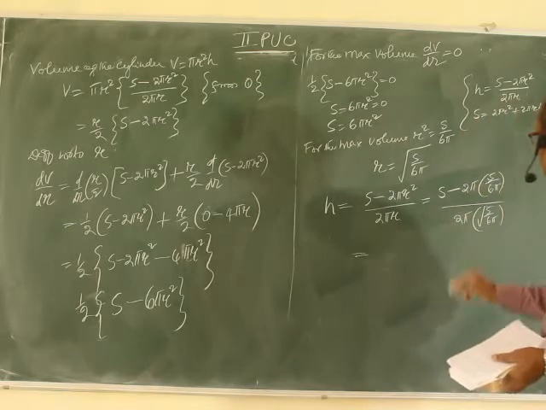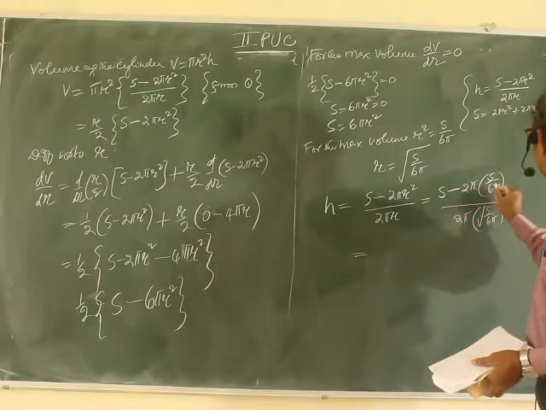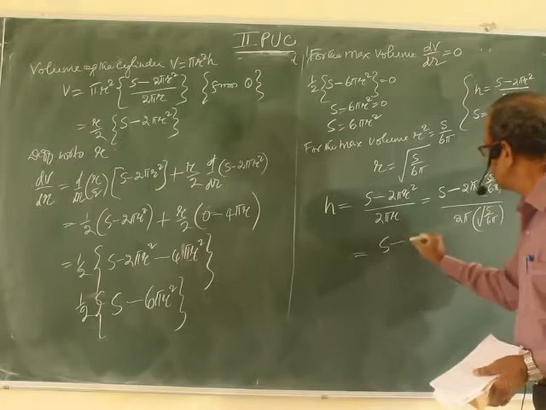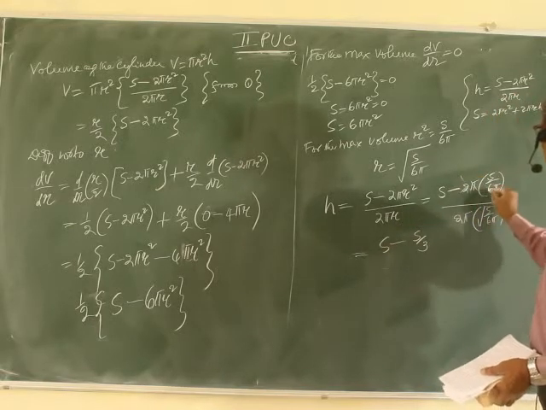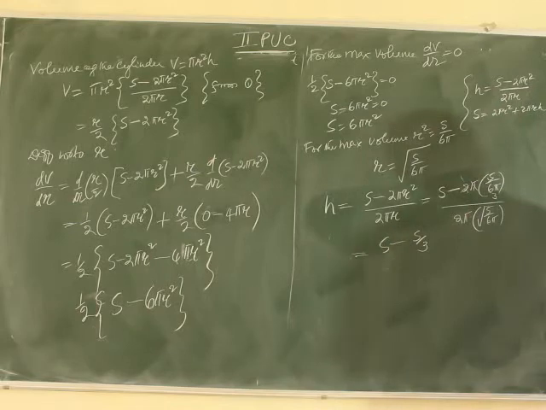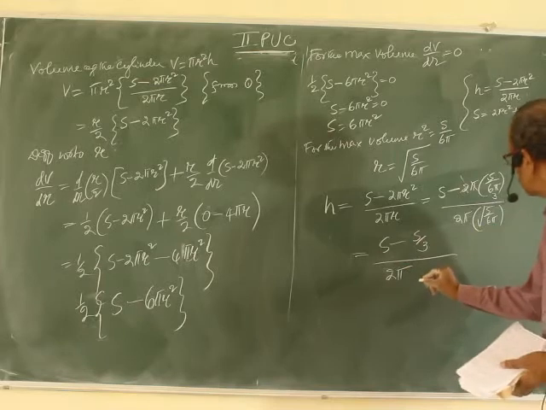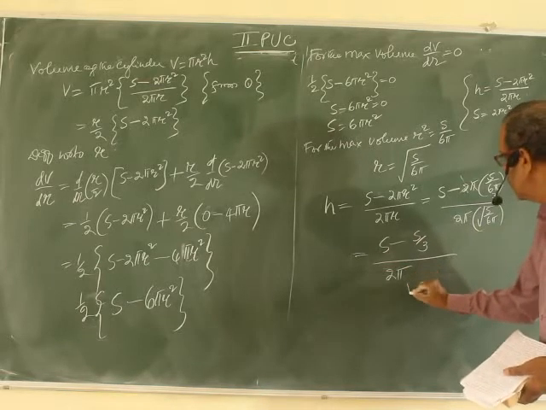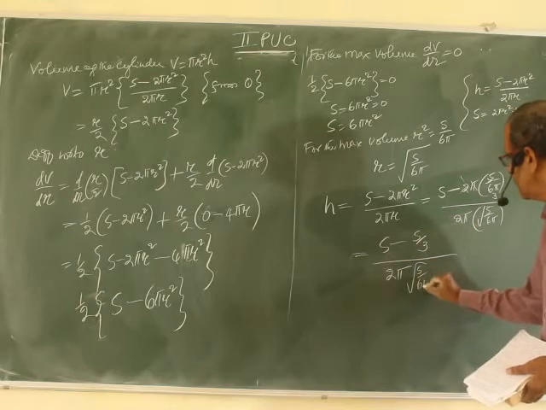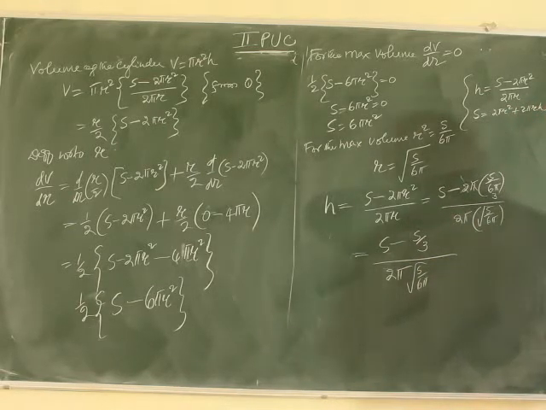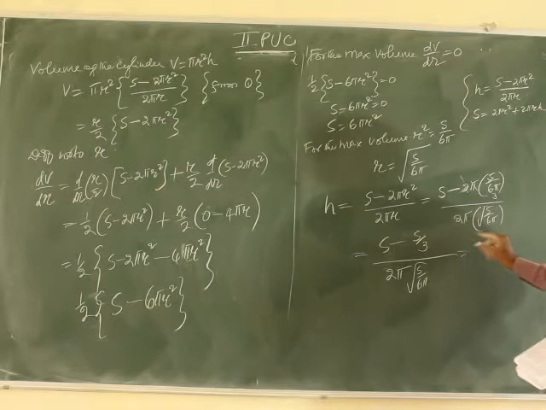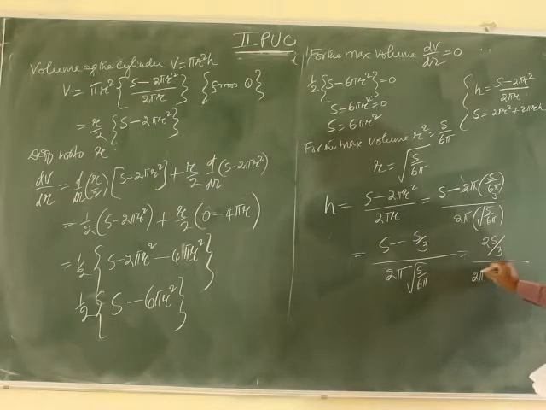Or it is equal to, 2 pi cancels, S minus S by 3 divided by 2 pi root S by 6 pi. Or it is 3S minus S, 2S by 3, divided by 2 pi root S by 6 pi.